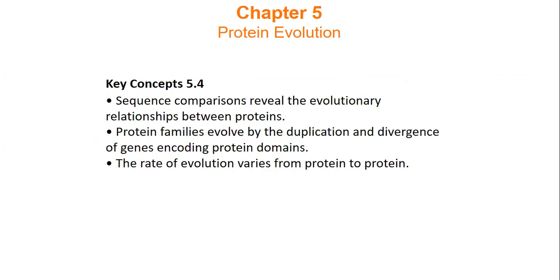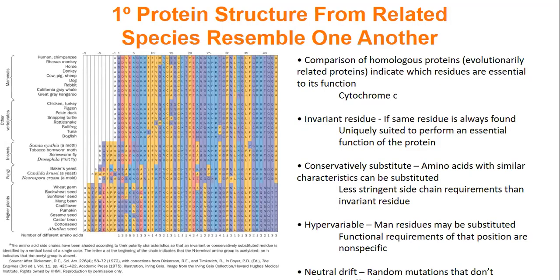And with that, that brings us to the idea of protein evolution. After sequencing the same protein from different organisms, we can start to take that information and determine how proteins have evolved over time. And what we're looking at here on the left is the sequence of homologous proteins.